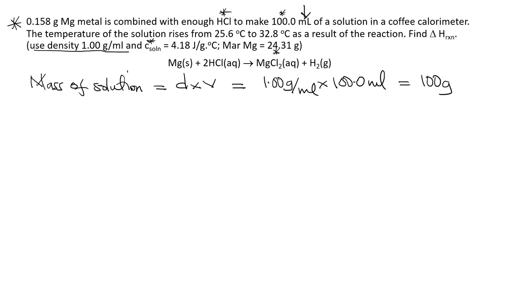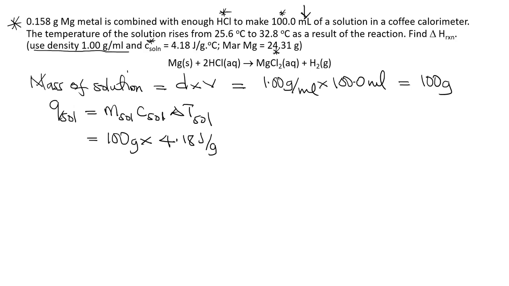Now, the heat of solution is given by mass of solution, specific heat capacity of solution, change in temperature of solution, which in this case is 100 grams of solution times 4.18 joules per gram per degrees Celsius of the solution times the change in temperature.